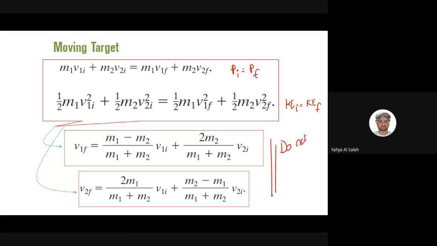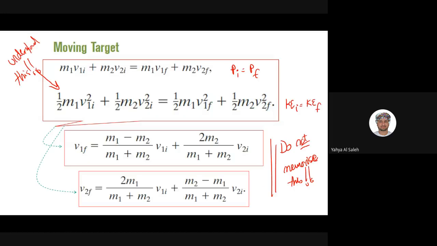Do not memorize this. Understand this. Okay? There is no point in memorizing these bunch.